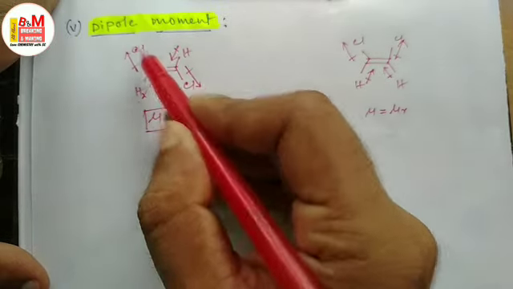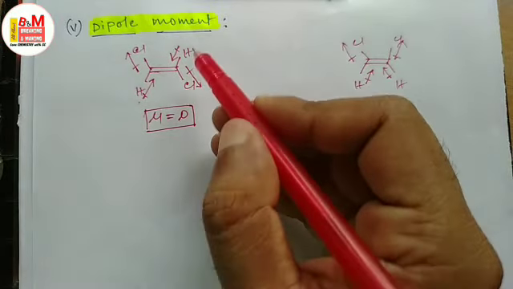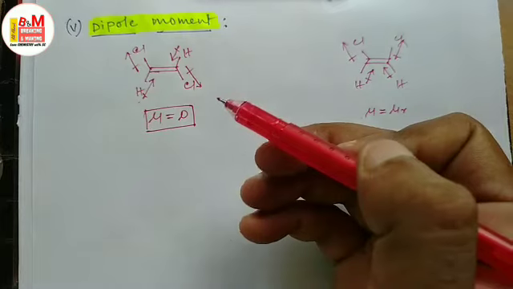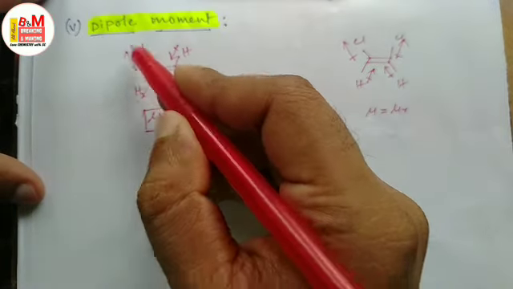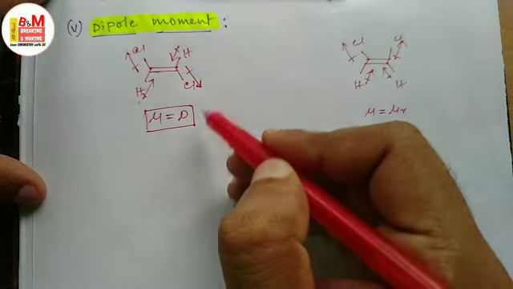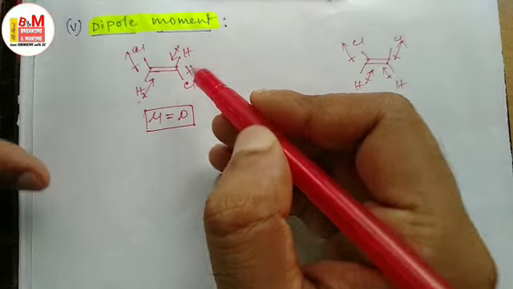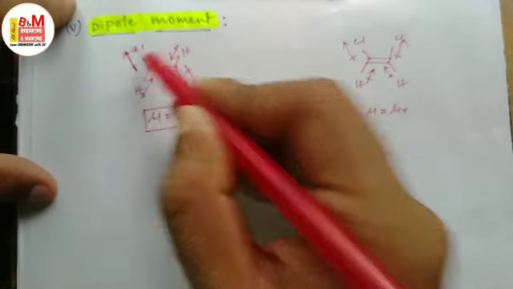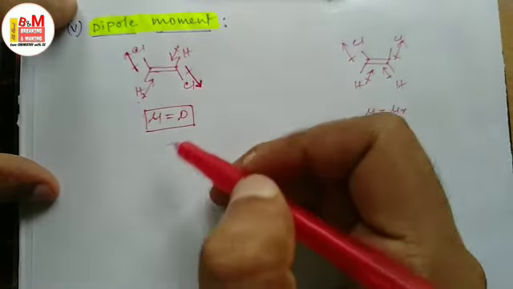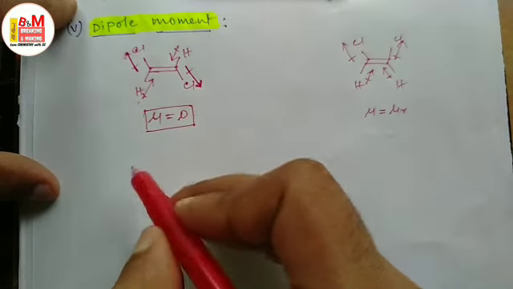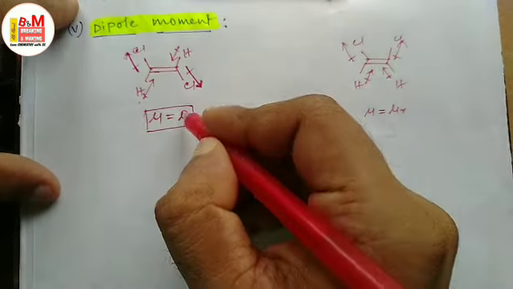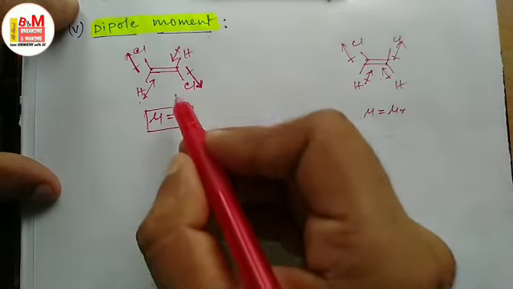Here these two carbon chlorine bonds are residing on the different sides of this double bond. So these two equal effects actually nullify each other, because this carbon chlorine moment direction and this carbon chlorine moment direction are exactly opposite with respect to each other. Results net zero dipole moment for this trans isomer.